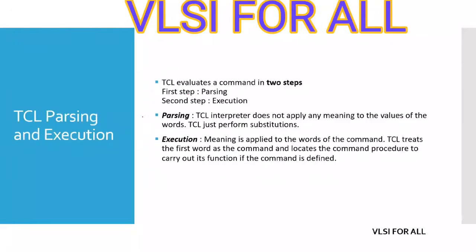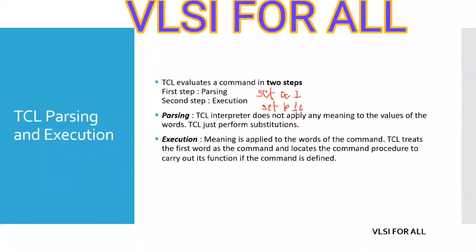When we write any command, TCL executes it in two steps. It first parses the command and then executes the command. For example, let's take a command like set A 2, and another command set B $A.